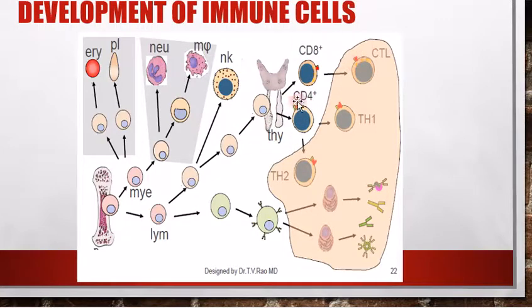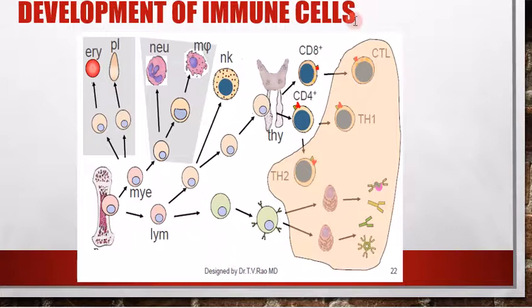These two cells finally form T helper cells and T cytotoxic lymphoid cells. So CD8 becomes CTL, that is cytotoxic lymphoid cells. CD4 forms T helper cell 1 and T helper cell 2.